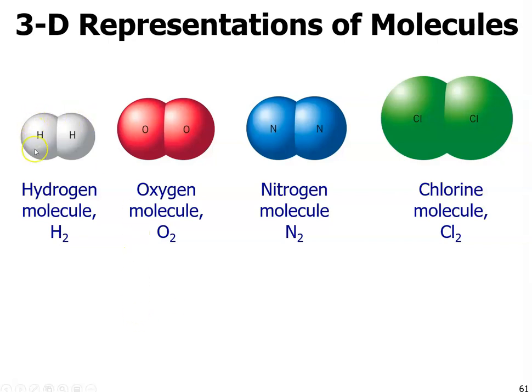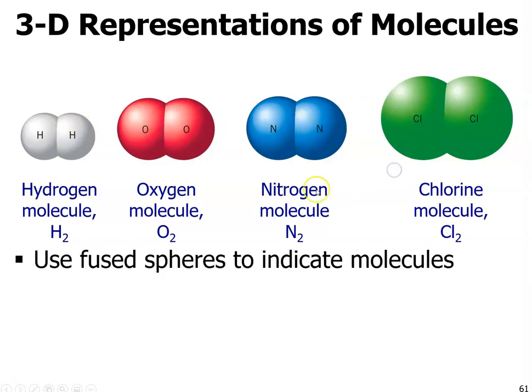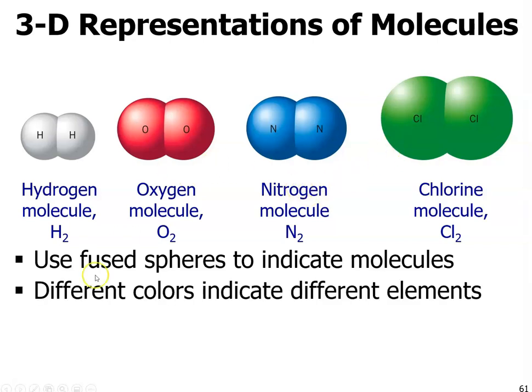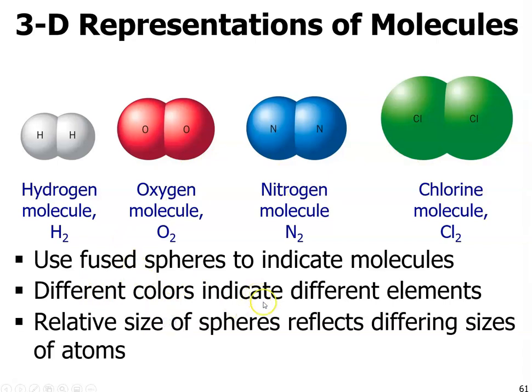This is a demonstration that these electrons are being shared by both of the different nuclei here, and the same with the oxygen, nitrogen, and chlorine. That fusion indicates we have what we call a covalent molecule, or a molecule is fine for right now. The different colors, as we mentioned, indicate different elements, and the size of the spheres reflects the different sizes of the atoms.